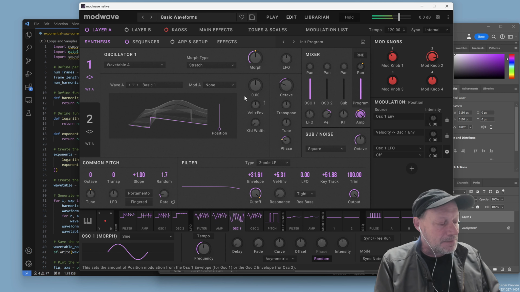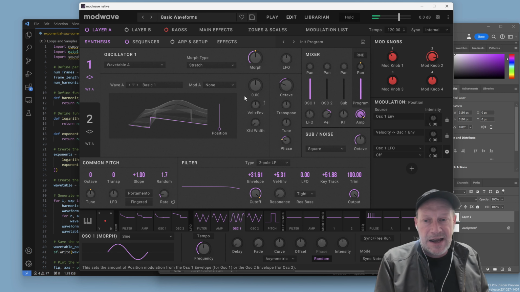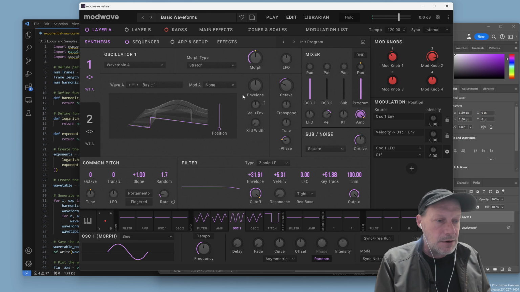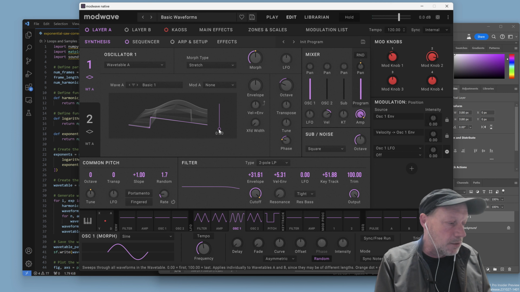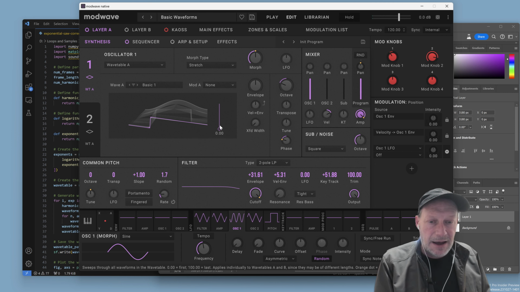And today I wanted to talk about the basic synthesis waveforms, which I have touched upon in previous videos, like the one where I was showing the shark fin waveforms and stuff like that. But I didn't talk about them in the way I'm going to talk about them today.